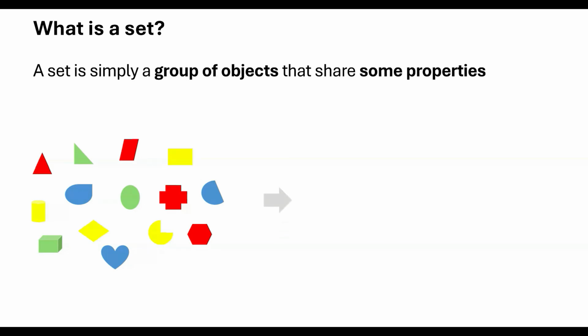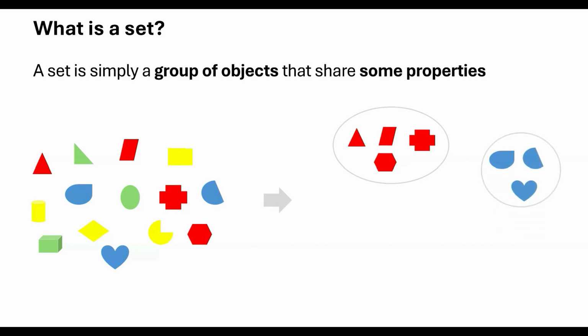All right, so how are we going to group these objects? Let's try one way. All right, so what you have seen so far is I have grouped the objects into 4 sets.